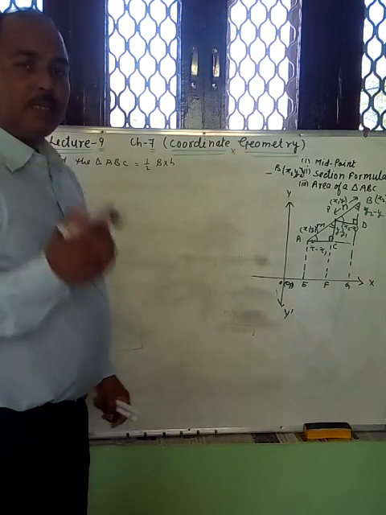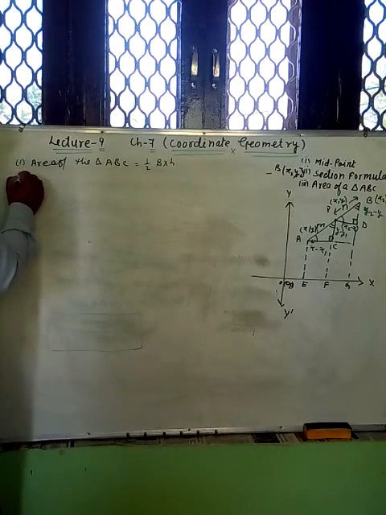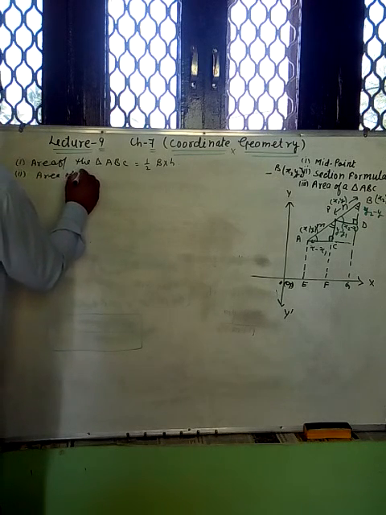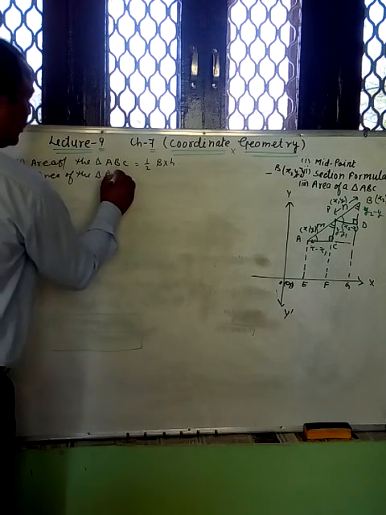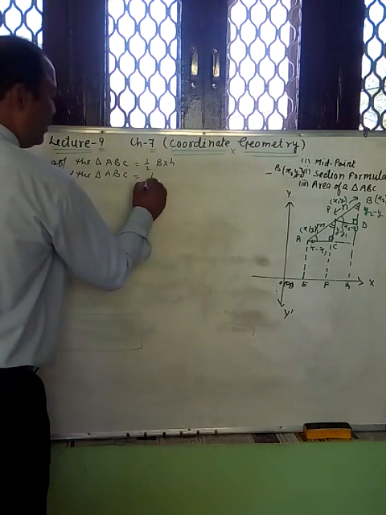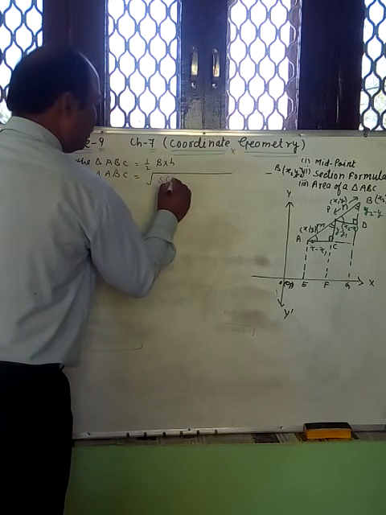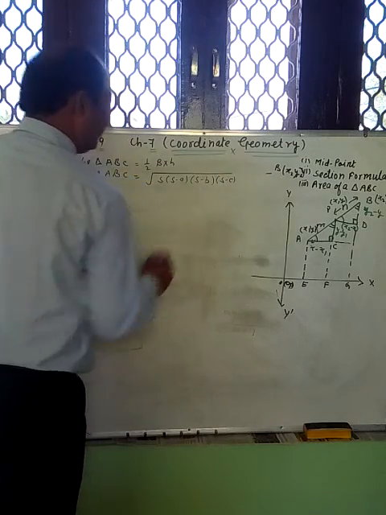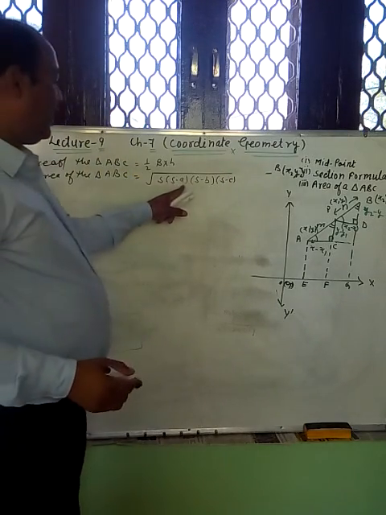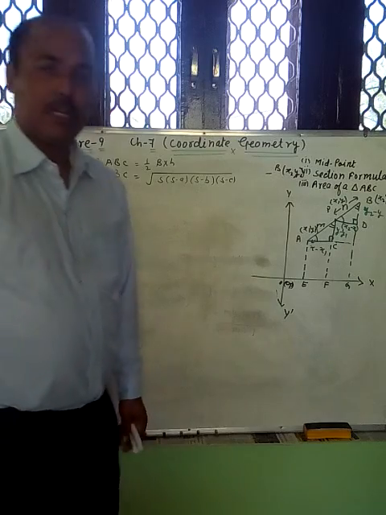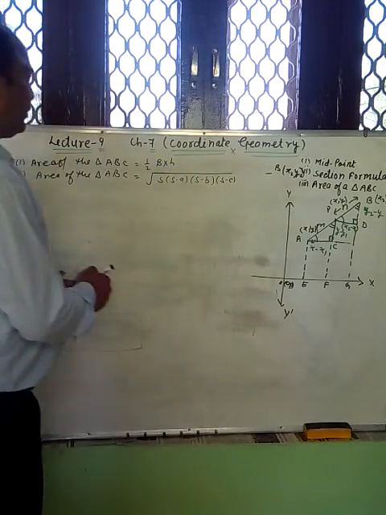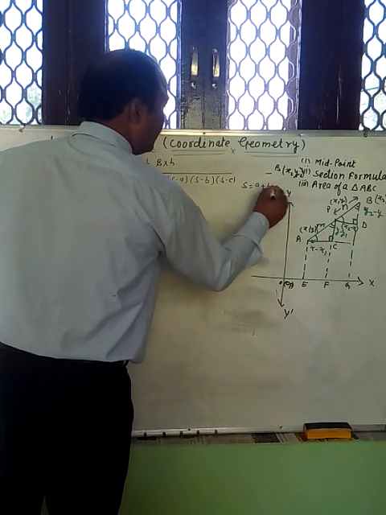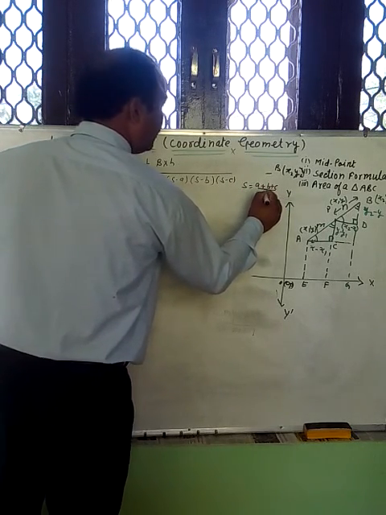In class 9th, another formula we discussed: the area of the triangle ABC is equal to root of s into s minus a, s minus b and s minus c, where a, b and c are the sides of the triangle and s is the semi-perimeter, that is a plus b plus c upon 2.